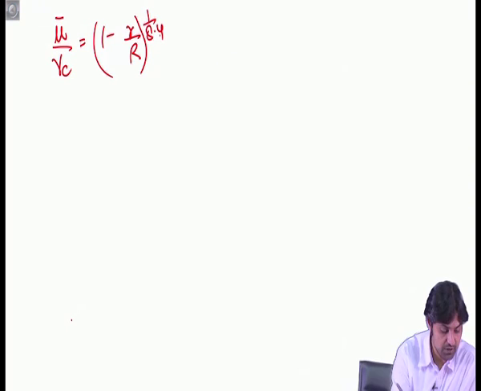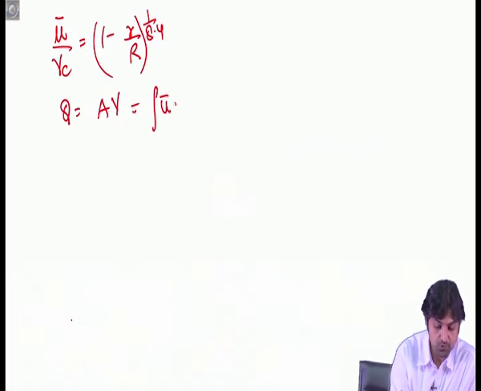So we can use this formula, u bar by Vc is equal to 1 minus r by R to the power 1 by n, the center line velocity formula. And we also know that Q is equal to A into V, or the integral of u dA. So we use u bar from here.